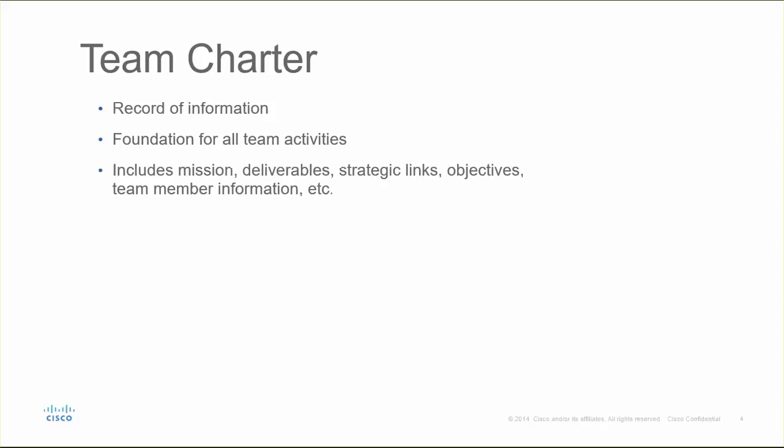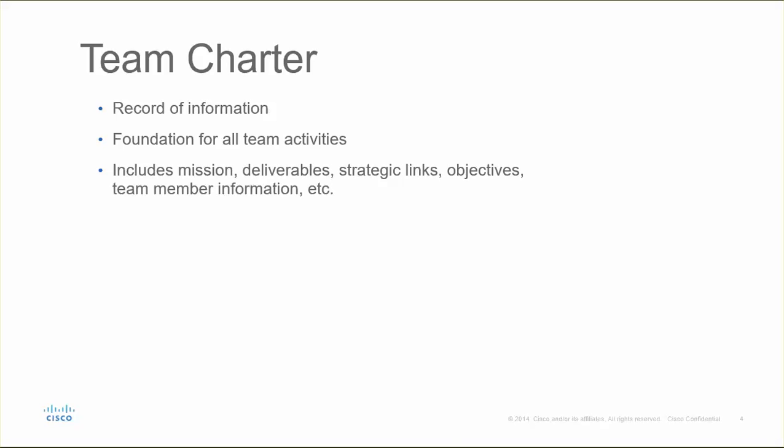We will always start an improvement project with a team charter and use it as a record of information as it is discovered. The team charter is a critical team steering tool as it acts as the foundation for all team activities. The team charter includes information on the team's mission, deliverables, objectives, and strategic links.